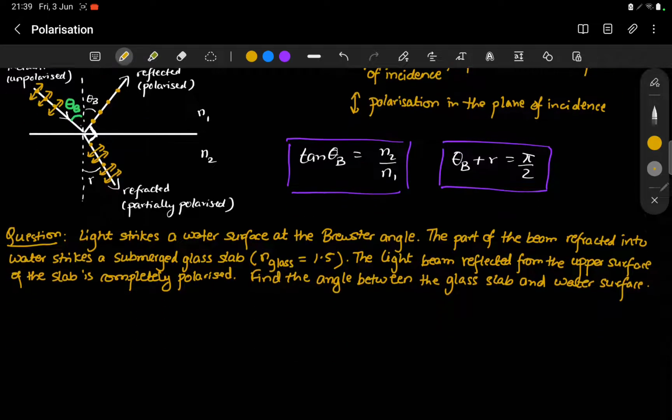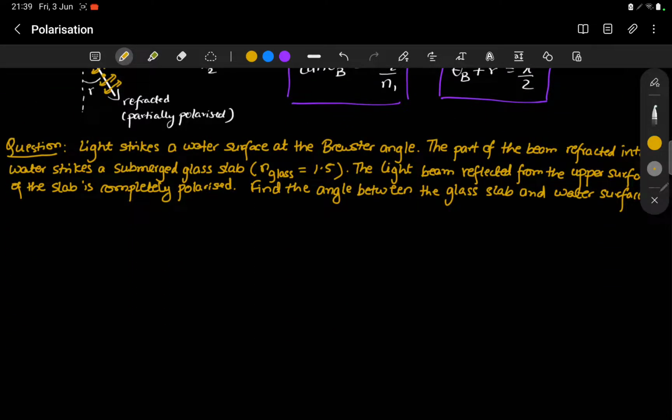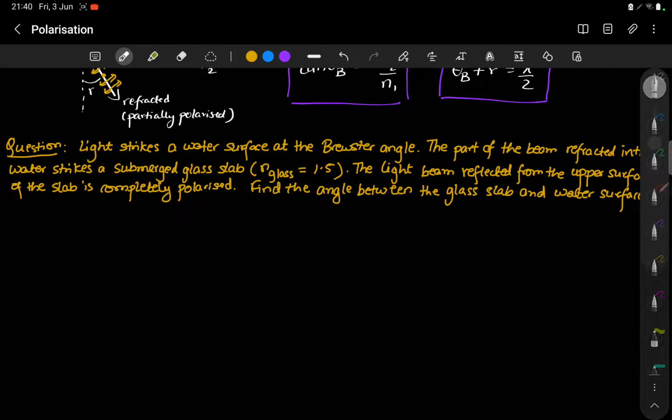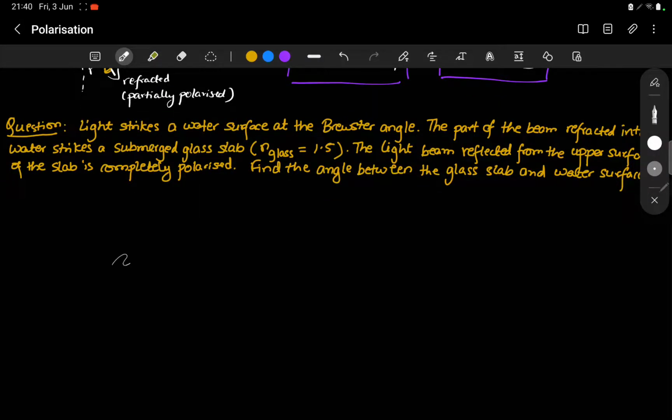So let us first draw the diagram corresponding to this question. So we have an interface. This is air and this is water. We have incident ray at the Brewster angle.